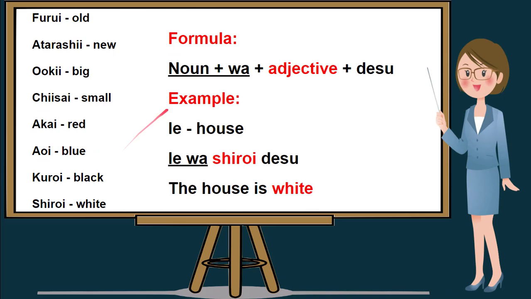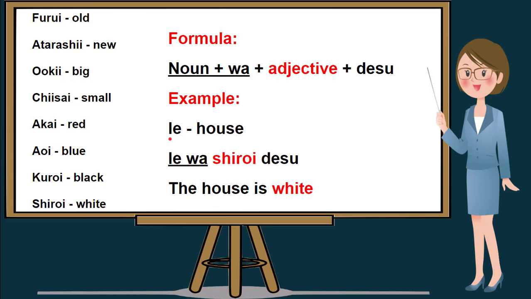Another formula is the use of noun plus wa plus adjective plus desu. So I'll repeat, noun plus wa plus adjective plus desu. I will be giving you a noun, which means house.